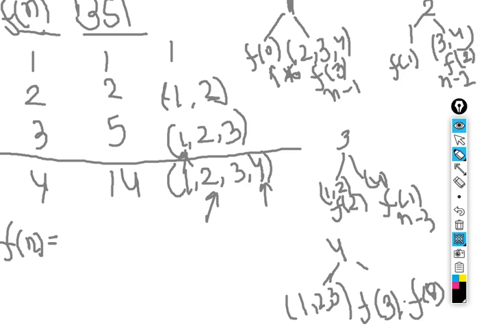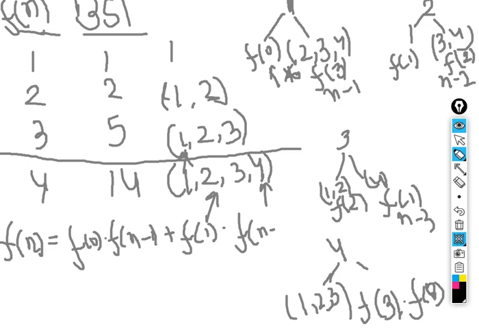So f of n is f of 0 into f of n minus 1 plus f of 1 into f of n minus 2, and this goes on until f of n minus 1 into f of 0.